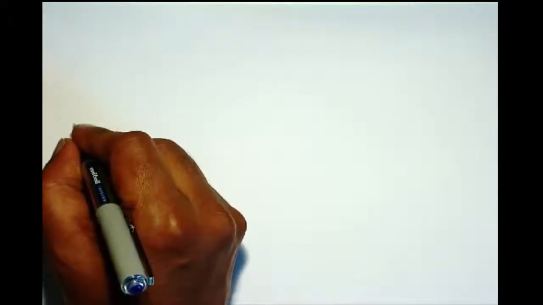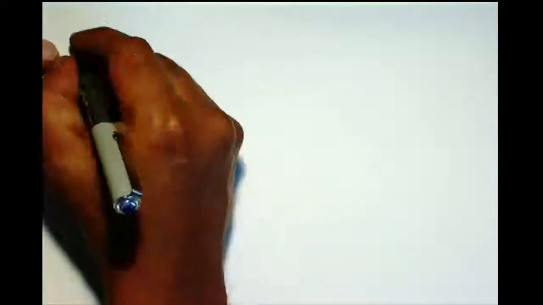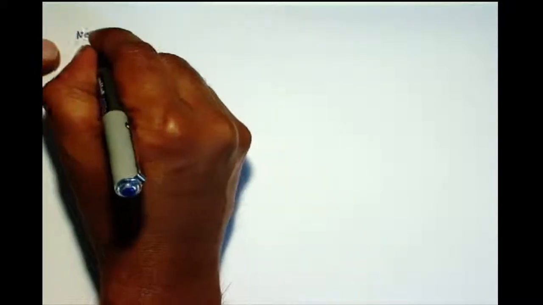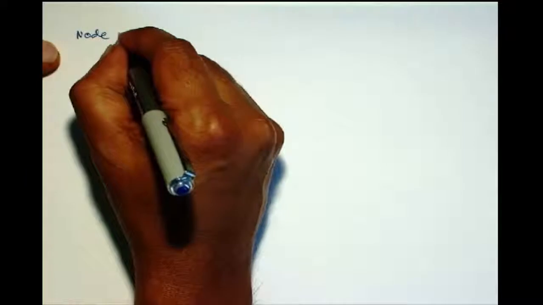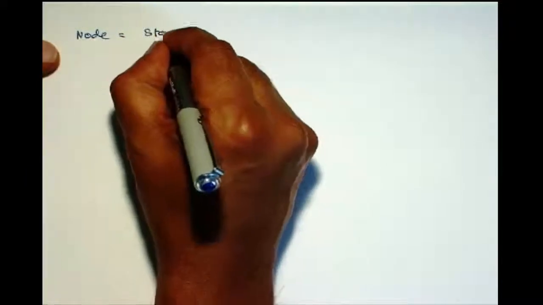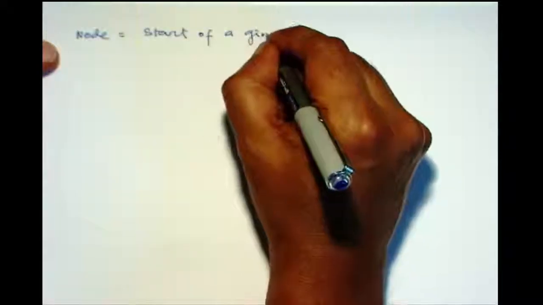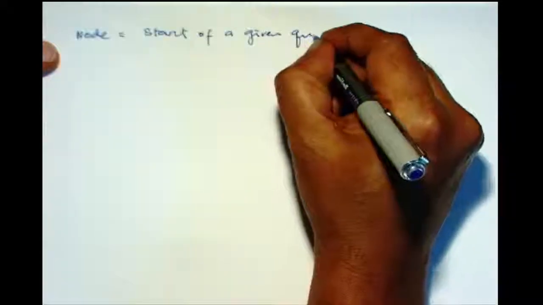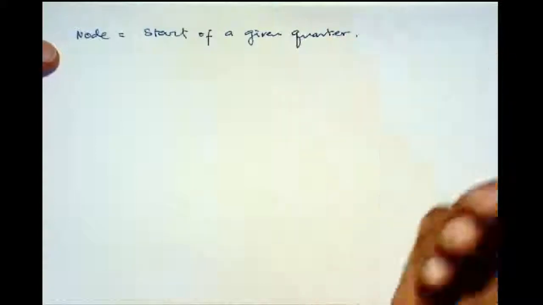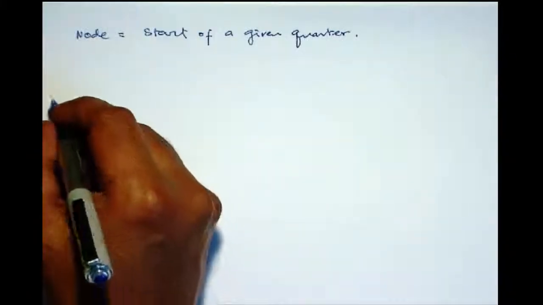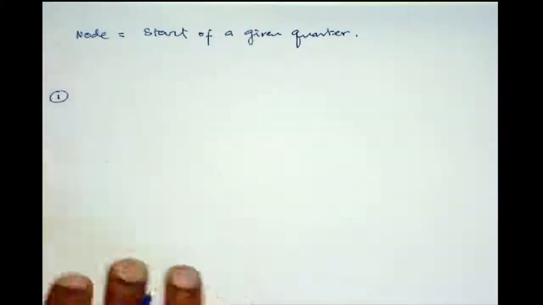So here we define a node as the start of a given quarter. So if you have 1, that's the beginning of the first quarter.